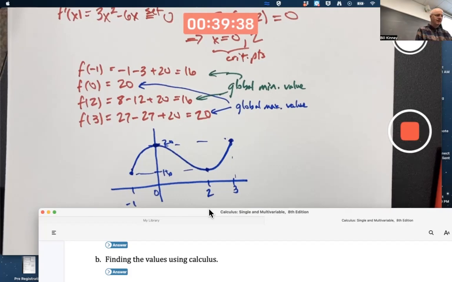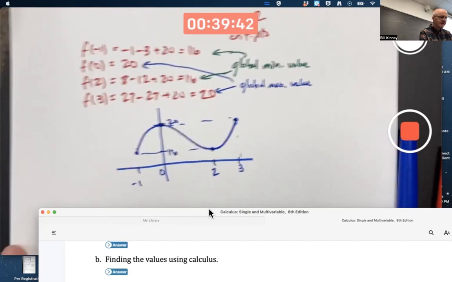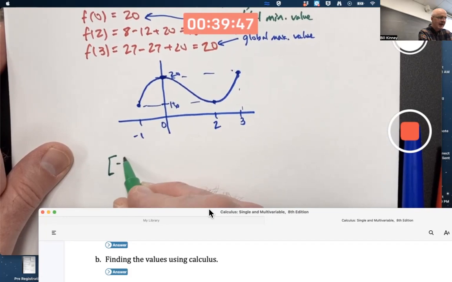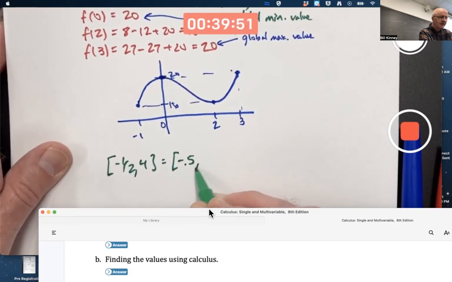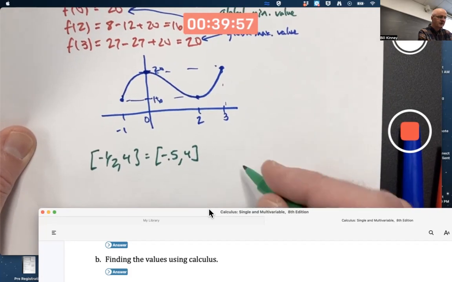Yeah, let me change the interval just to illustrate it. If we change the interval to be the interval from, say, -1/2 to 4, -0.5 to 4, we're going to get a different global max and min value. The graph, what will it look like? I'm predicting it'll look something like this.